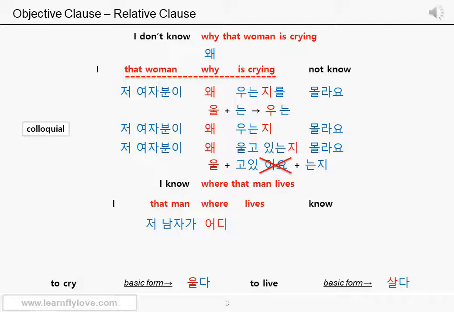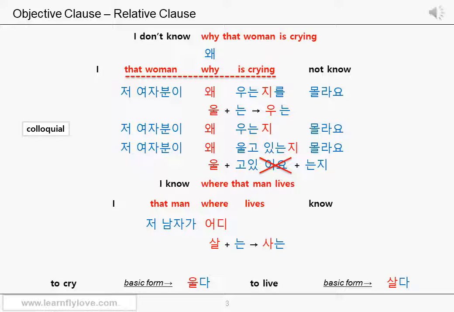The basic form of the verb leave is 살다. The stem is 살. We need to turn it into a verb clause modifier form in the present simple tense to add 지 sound. But when there is final l consonant in the last letter of the stem and it meets 는 sound in the next block, the final l consonant disappears.